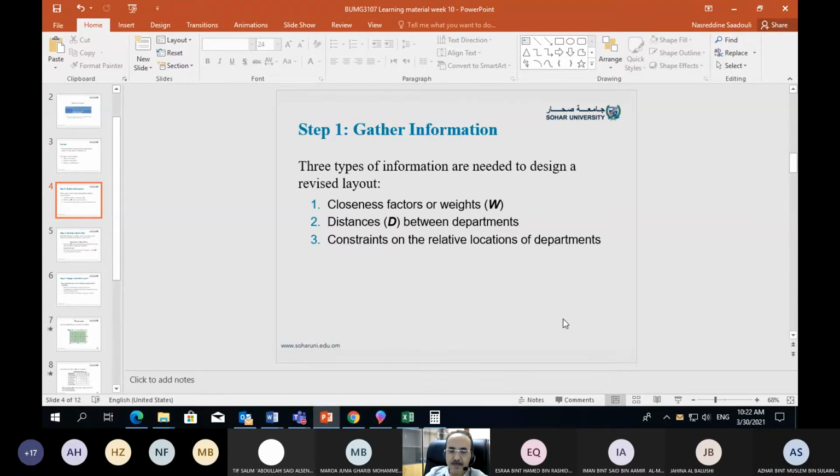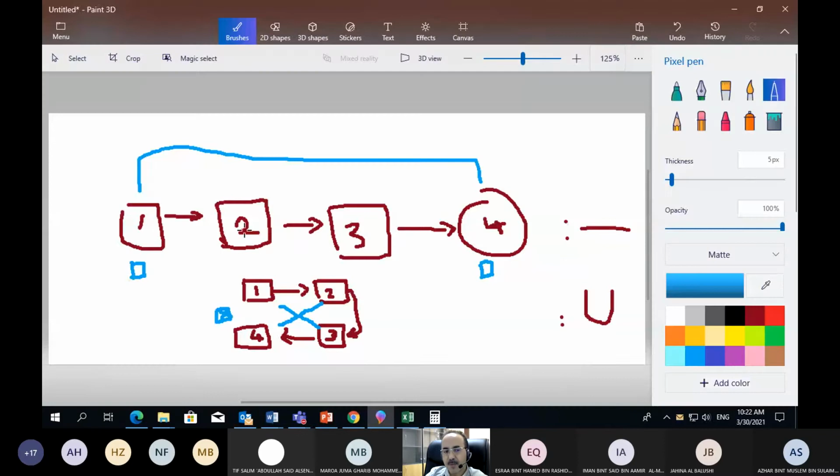Okay, so for instance, if I take the example of a process here, 1 and 2 might actually have, if I'm using, let's say, a scale of 10, a closeness factor of the highest level of 10, because they must be next to each other. Whereas 1 and 3 do not have to be next to each other.